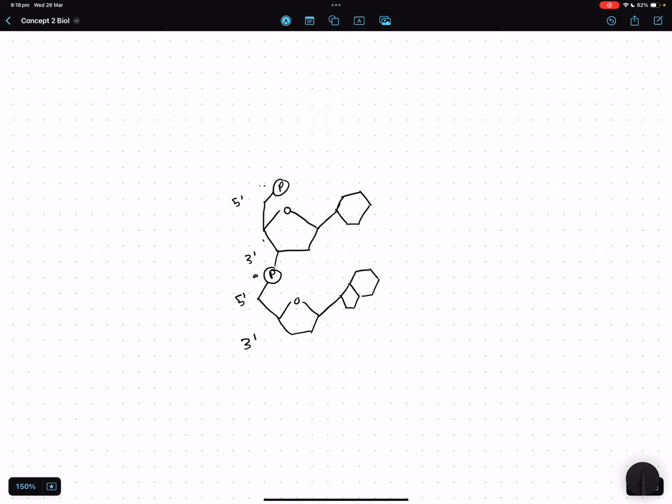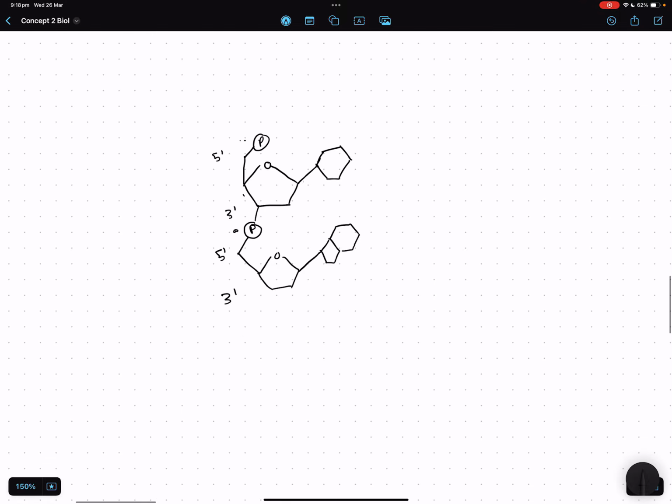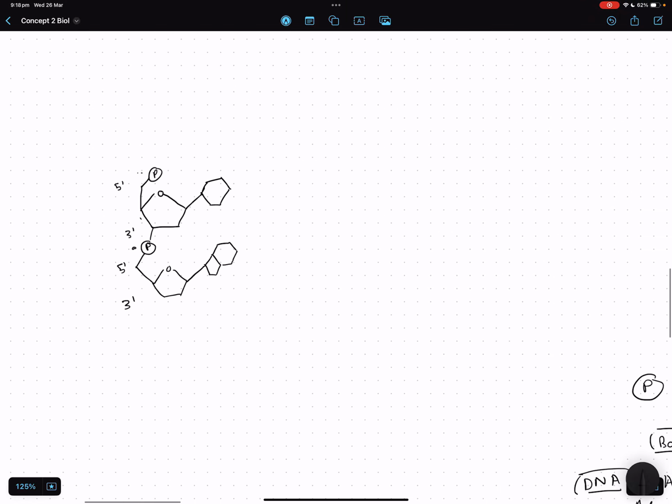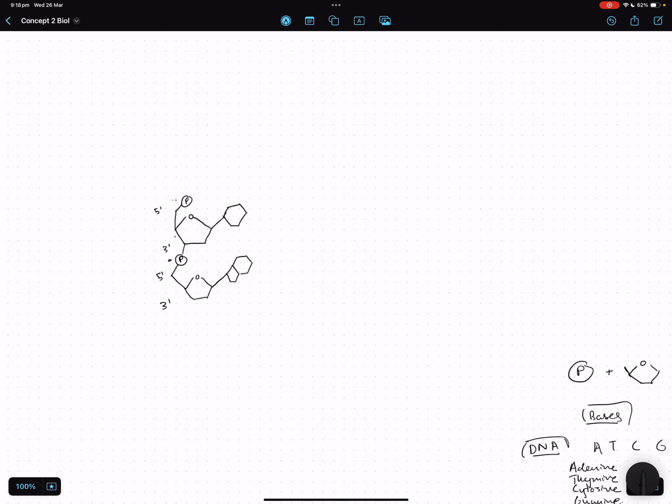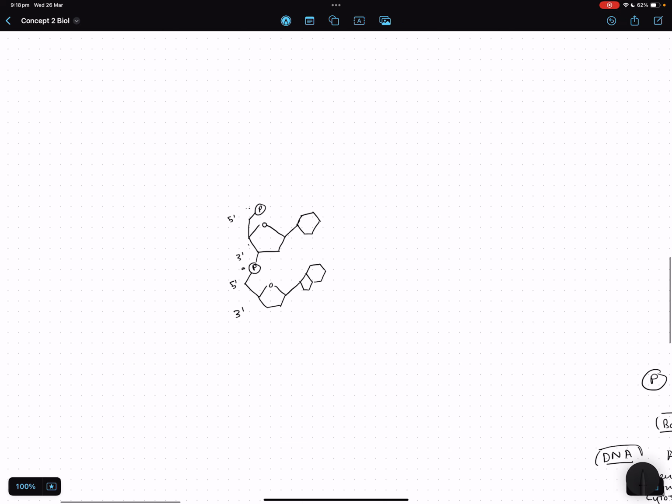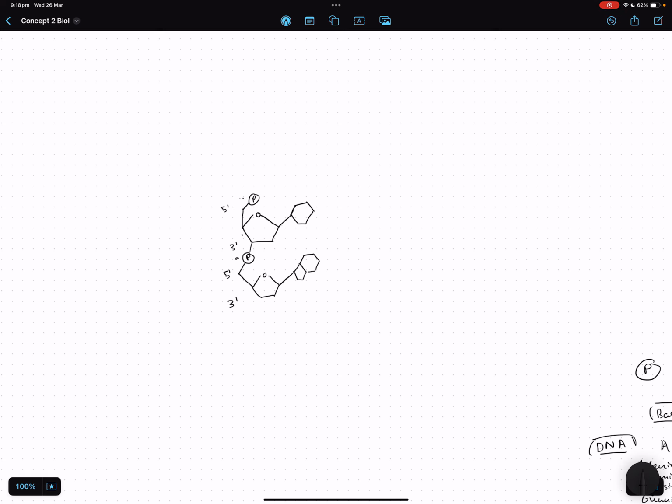And that's what provides structure to the ribonucleic acid, or the deoxyribonucleic acid.